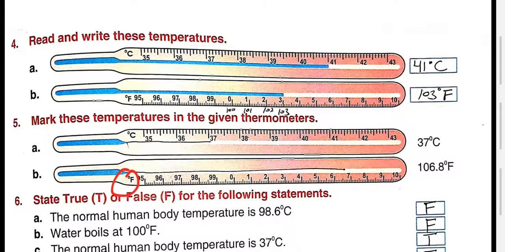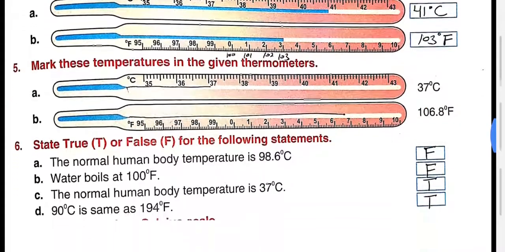So in Fahrenheit here it becomes 99, then 100, 101, 102, 103, 104, 105, 106. For 106.8, on the small scale you have to go to 8, just before 7, so draw the line like that and end here. So it is 106.8 degrees Fahrenheit.